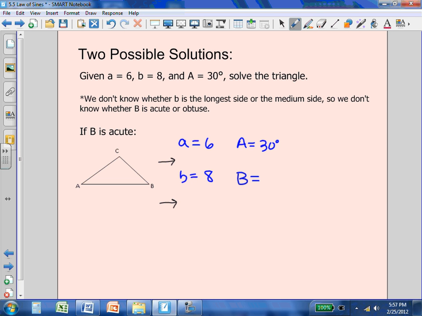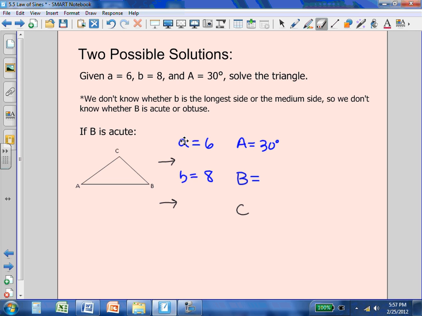That is, is B the long side, or the short, or the medium side? We don't know. Depending on where it is in this list, B could be acute if C is bigger. For instance, if C is down here, C could be obtuse. That would mean that B has to be acute.